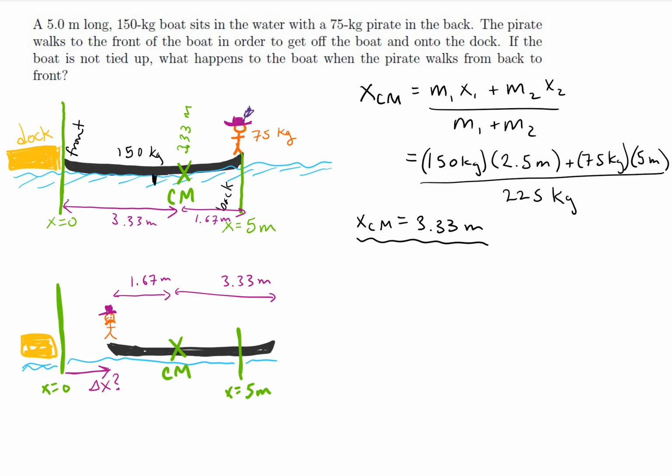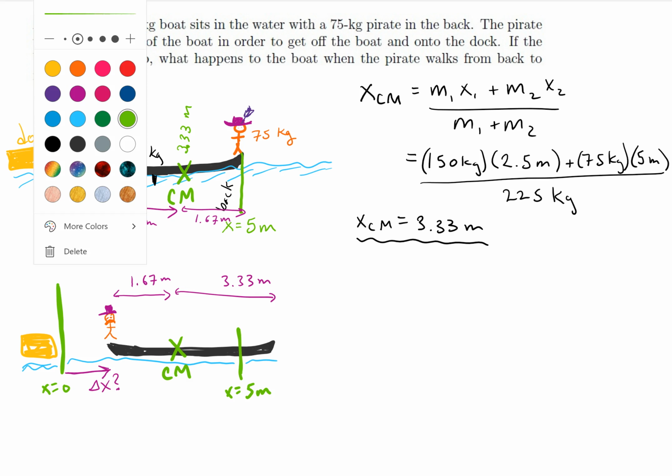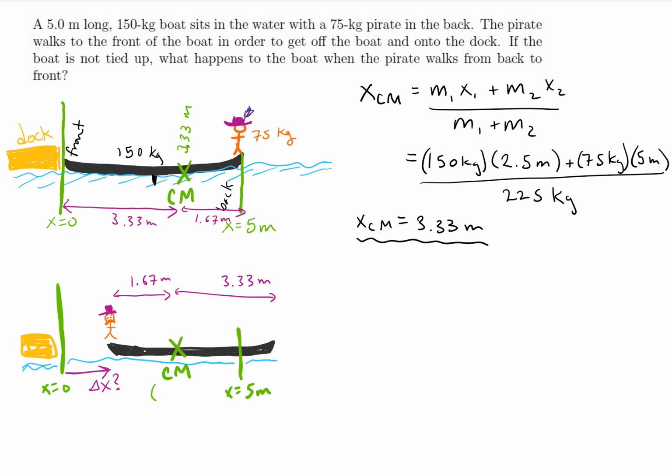And so in order for the position of the center of mass to still be at 3.33 meters in x, this delta x here must equal 3.33 meters minus 1.67 meters, or 1.666 meters. So 1.67 meters plus or minus 0.01.